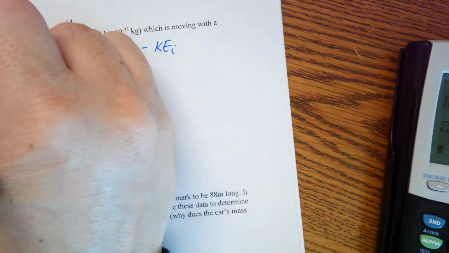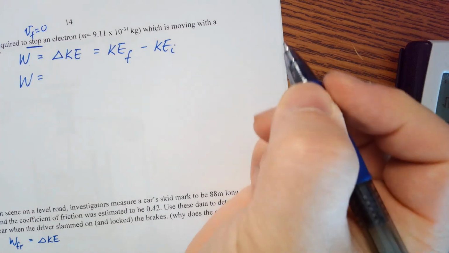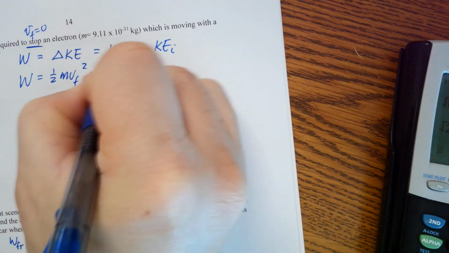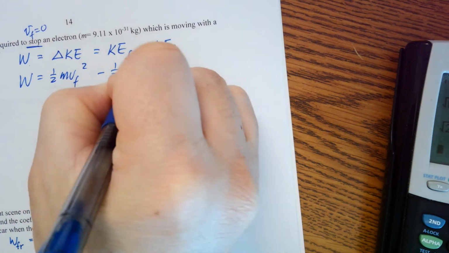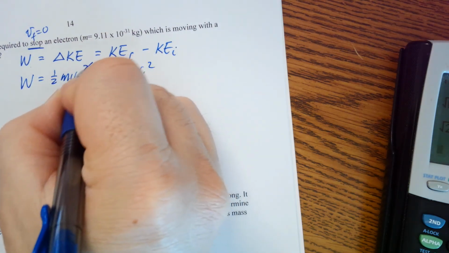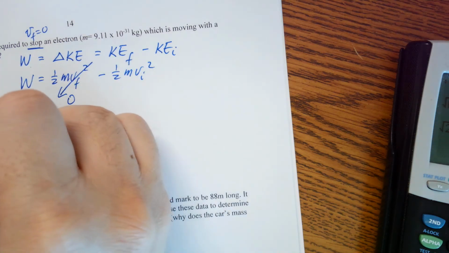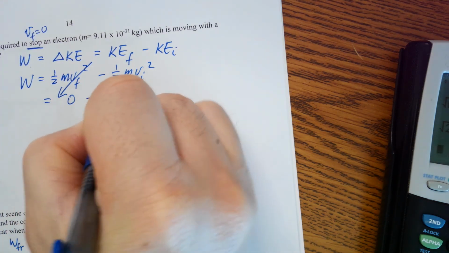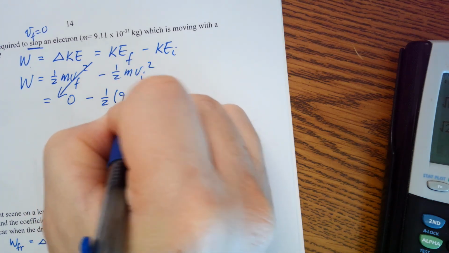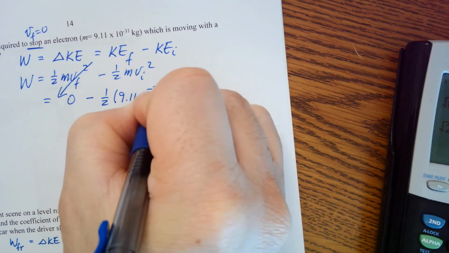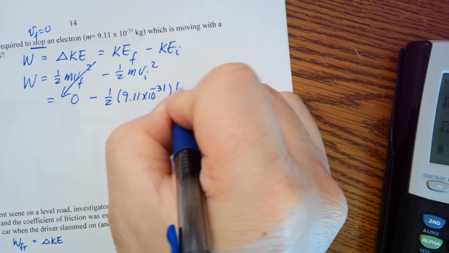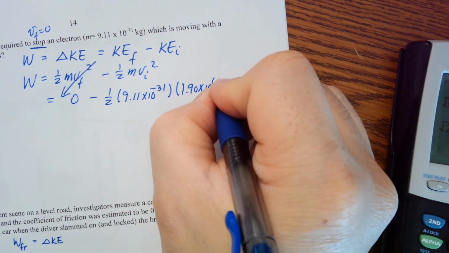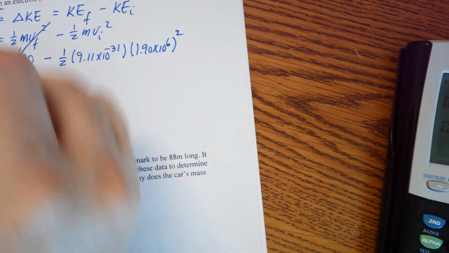So here, my v final is 0. So 1/2 mv final squared minus 1/2 mv initial squared. My v final is 0, so this whole term drops out. So the work is equal to 0 minus 1/2 times 9.11 times 10 to the negative 31st times 1.90 times 10 to the 6 squared, right?